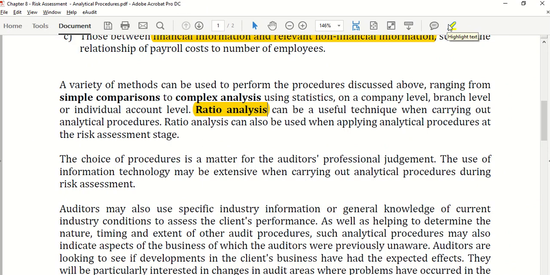So rather than looking for very complicated comparisons, you can basically do a ratio analysis and get an idea whether, when you're comparing with the previous year or with your industry data, the audit client's financial statement shows any unusual patterns or any movement deviations which are not acceptable, right?